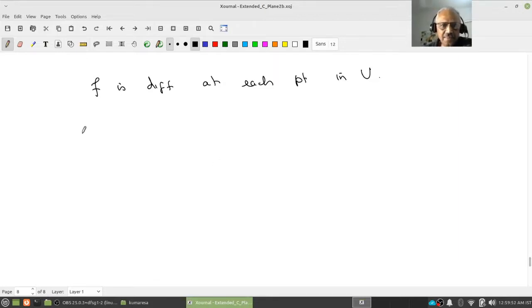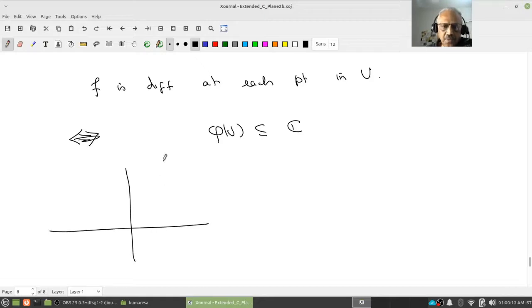But I claim this is the same as saying, let us look at phi of U. That will be a map in C now, because infinity will go to 0, other points will go to some points in C star. Do you understand that? So I have this is my infinity.